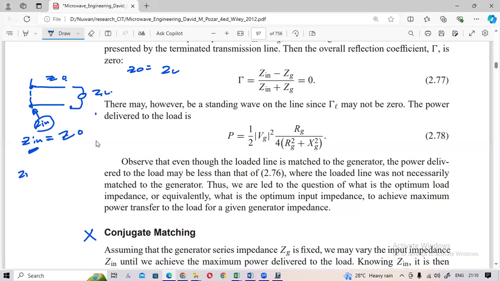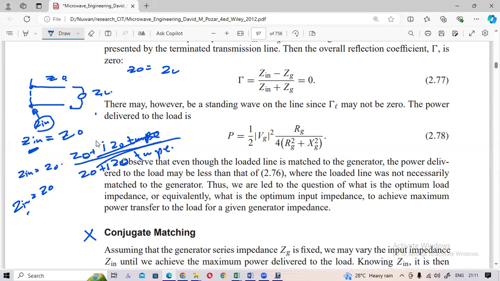Because you know that Z in is equal to Z naught times ZL plus j Z naught tan beta L divided by Z naught plus j ZL tan beta L. Since ZL and Z naught are equal, here also Z naught j tan beta L, so this one and this one cancel. So Z in is equal to Z naught.